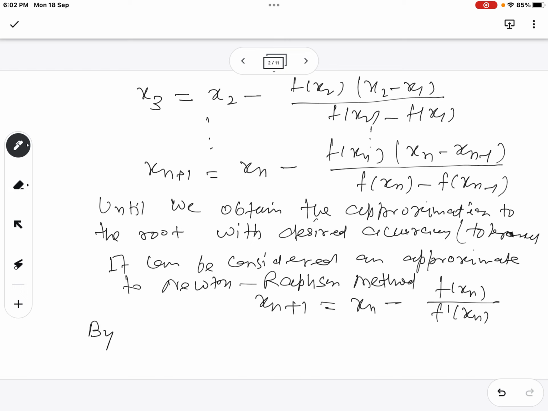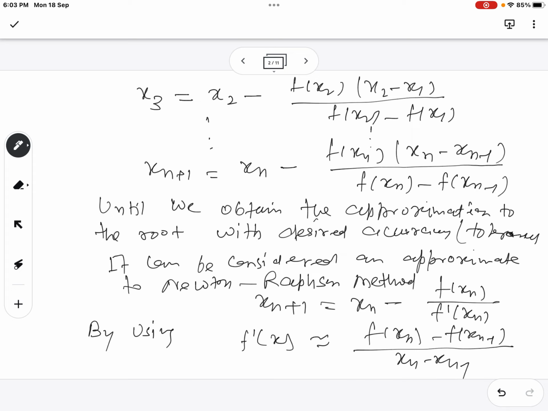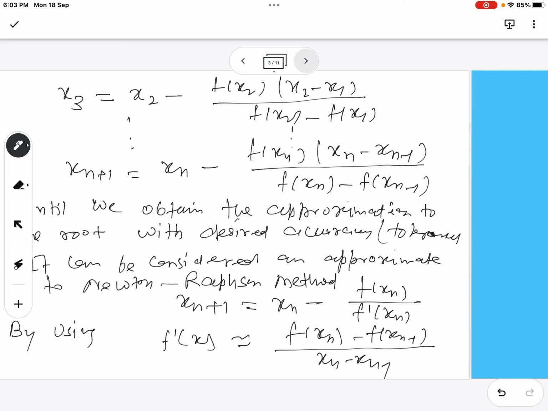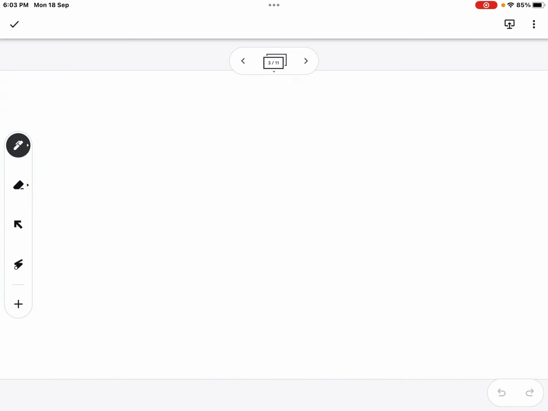So if we use an approximation for this derivative as (f(xn) minus f(x(n-1))) by (xn minus x(n-1)), then we can obtain the secant formula.